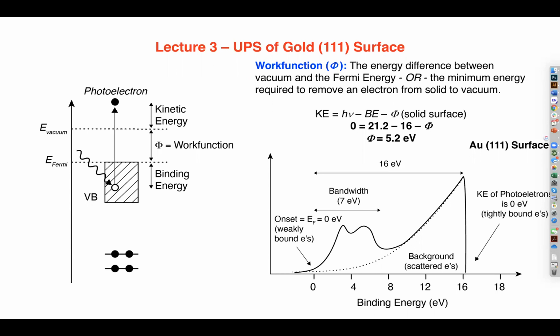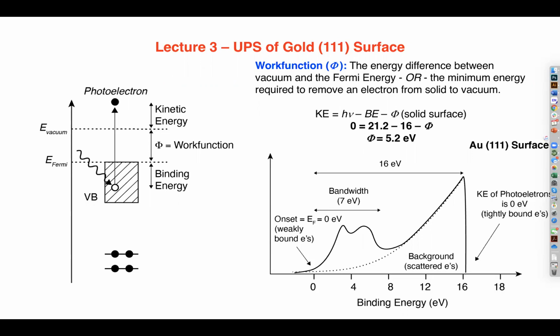And then as you go deeper and deeper into the electronic structure, or to higher and higher binding energies, eventually the electrons hit zero kinetic energy. They no longer escape. And that cutoff there, that's the most tightly bound electron that can be emitted from the sample.